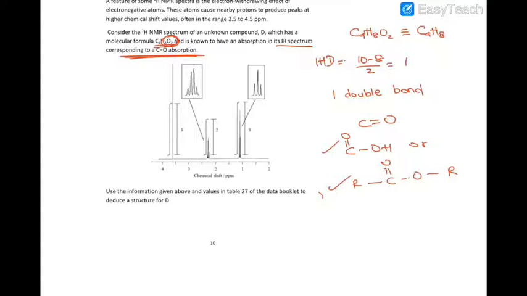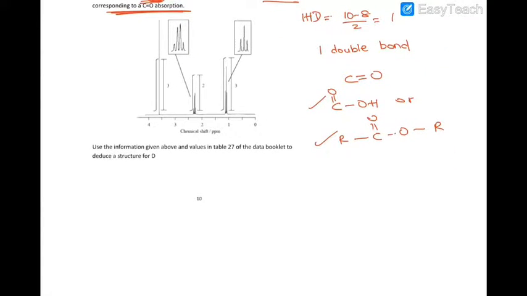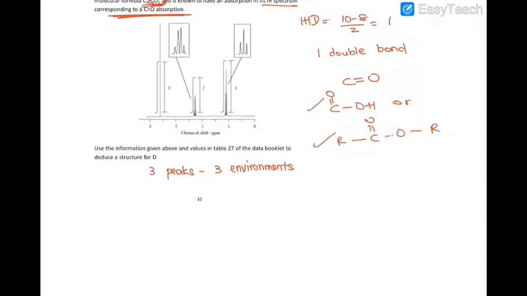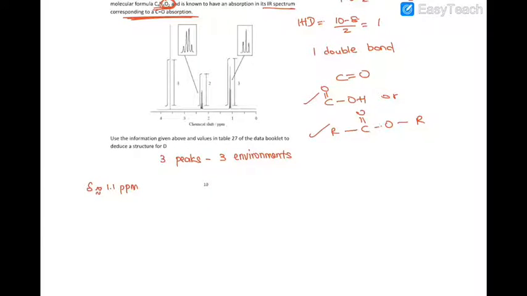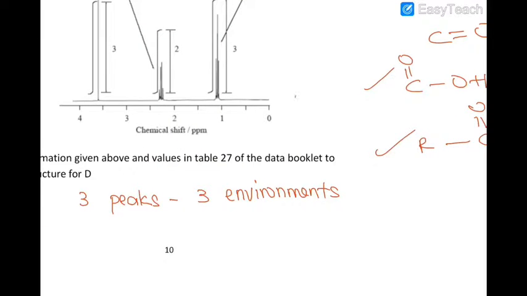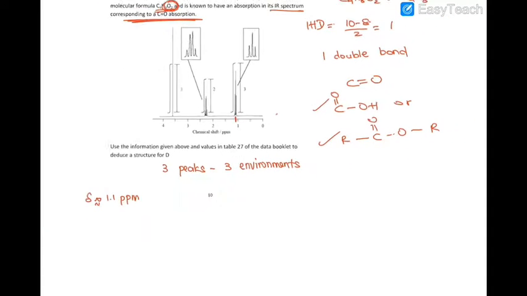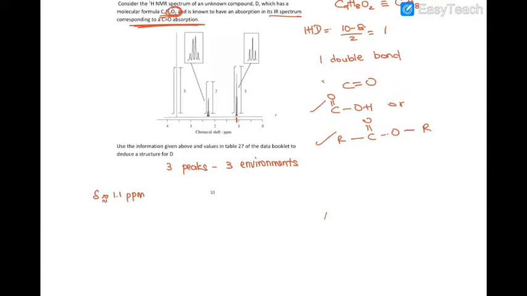Now let's see the NMR spectrum. We have 3 peaks, so we have hydrogens in 3 different environments. Let's see here. Chemical shift value is around 1.1 ppm. Here you have 3 protons. Intensity 3 means there are 3 protons.